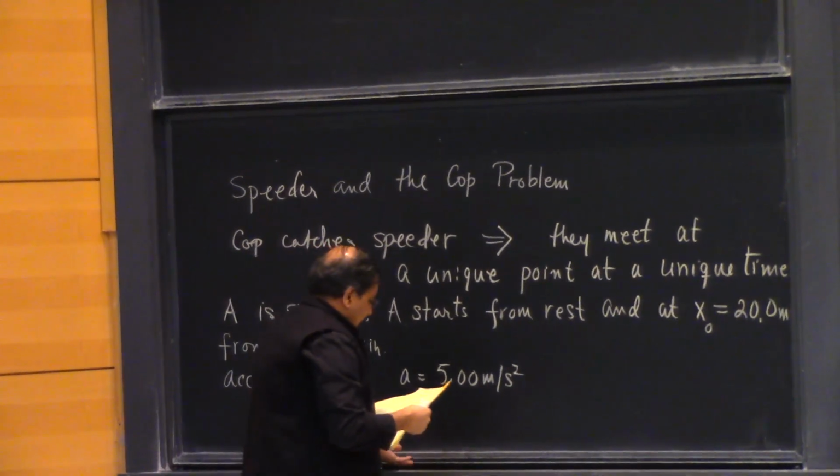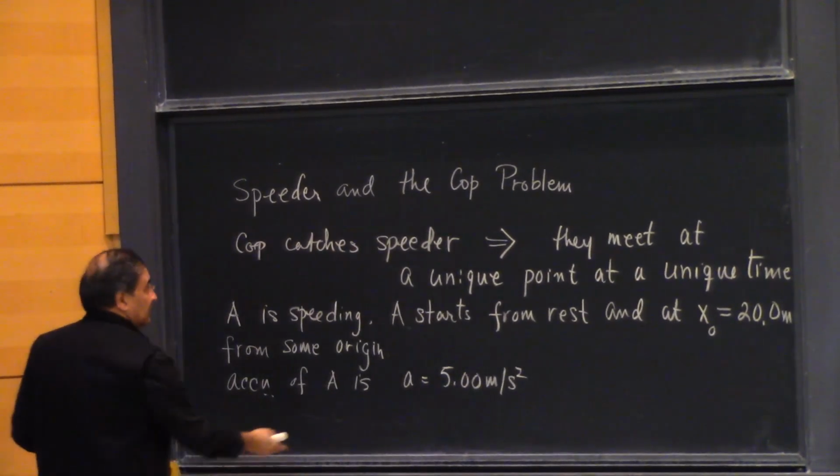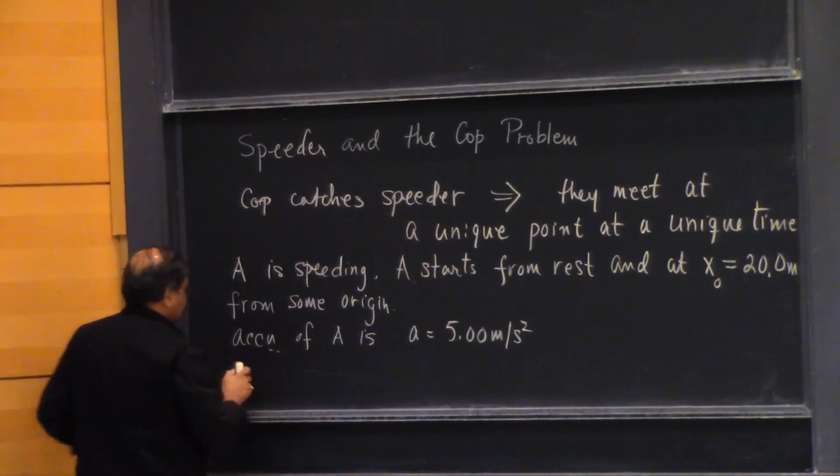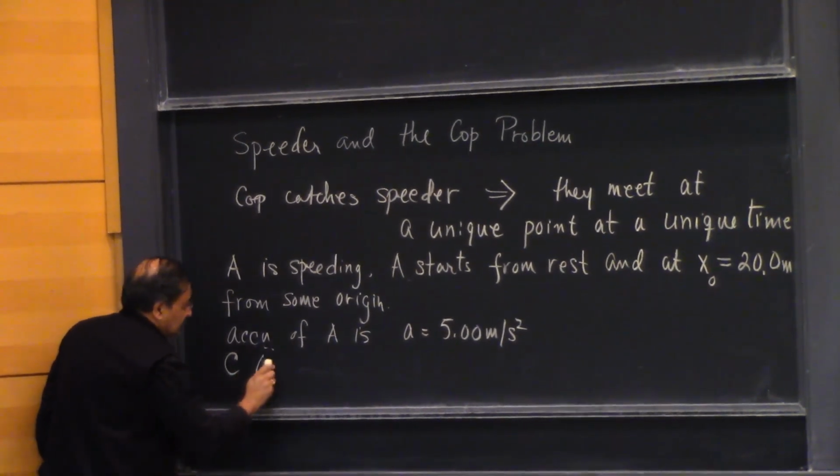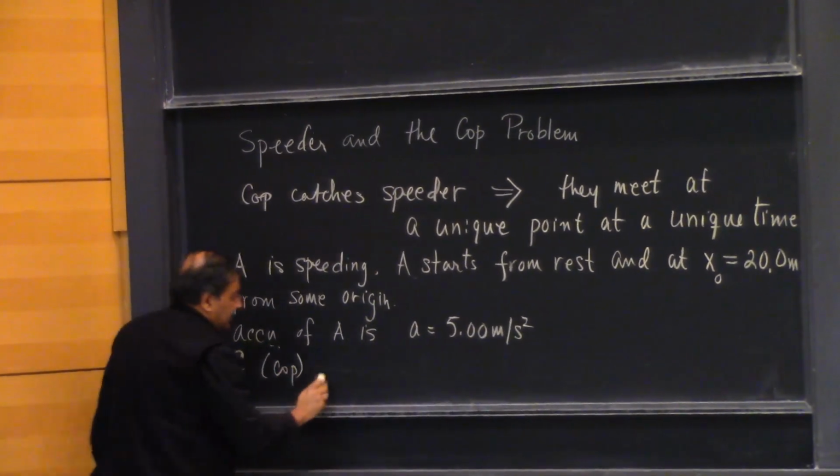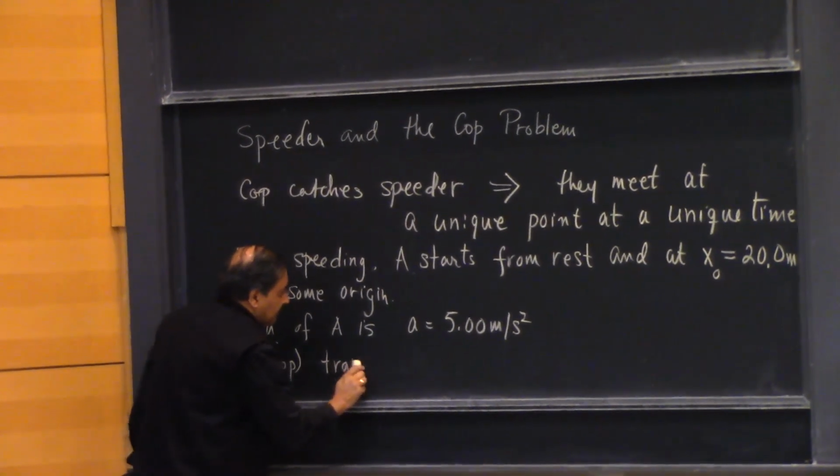All right. And let's say the cop, in this case I'll denote the cop by C, is traveling at fixed velocity.